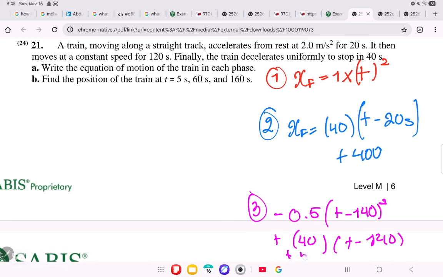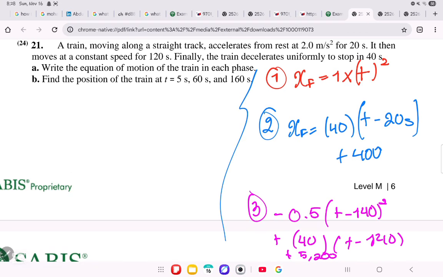By the way, I did a calculation mistake when I was finding the x final in part 3 in the previous one. I got the answer to be 7,600. In fact, no, the answer is only 6,000, not 7,600, okay? So these are the equations of motion. Perfect, we're going to leave them aside. We'll move on to part B.